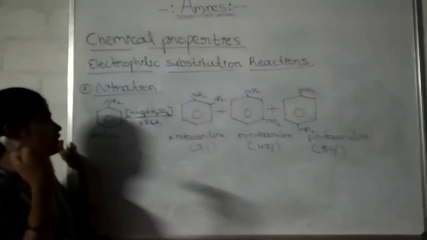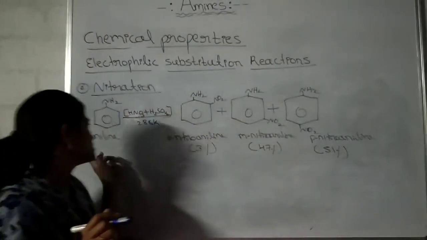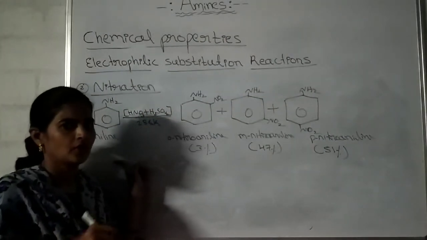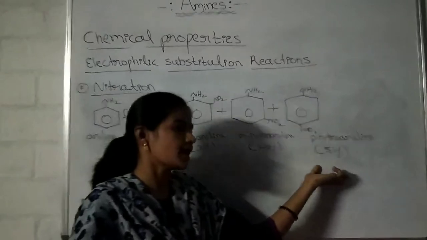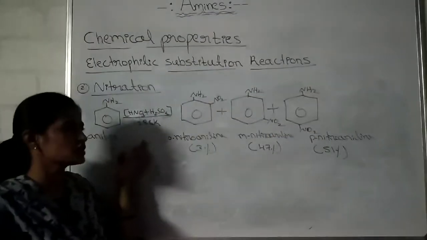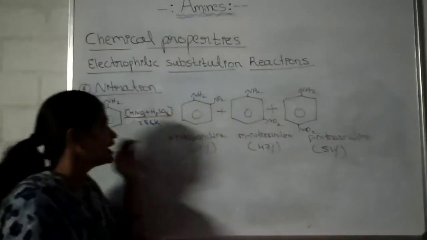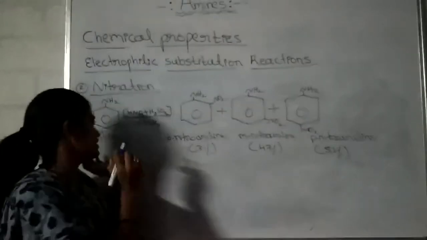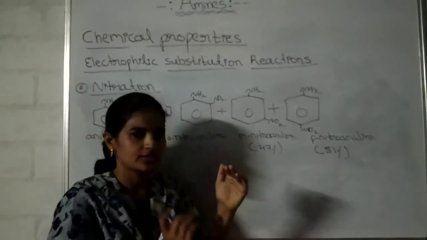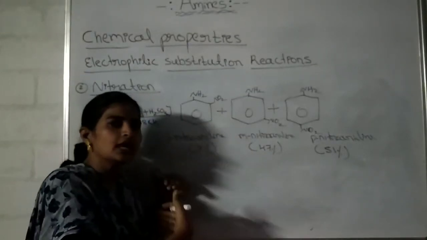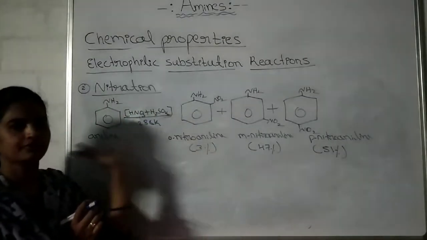If the question is like this, write the preparation of para-nitroaniline by using aniline, or write the reaction for the conversion of aniline to para-nitroaniline, or explain the nitration reaction by taking aniline as an example. If such questions are asked, you are supposed to write the reaction by using acetylation. Okay, just note it down.